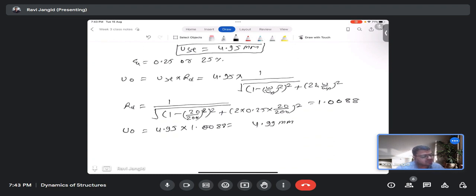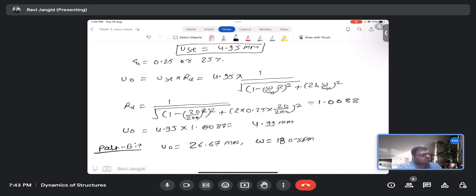Same procedure we need to follow. In part B, u naught is given to you as 26.67 mm, and the forcing frequency is given as 180 rpm.